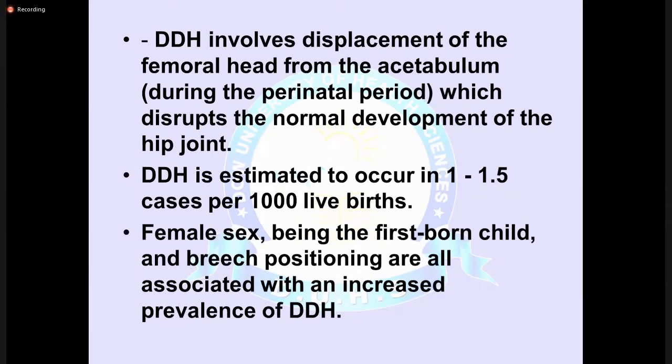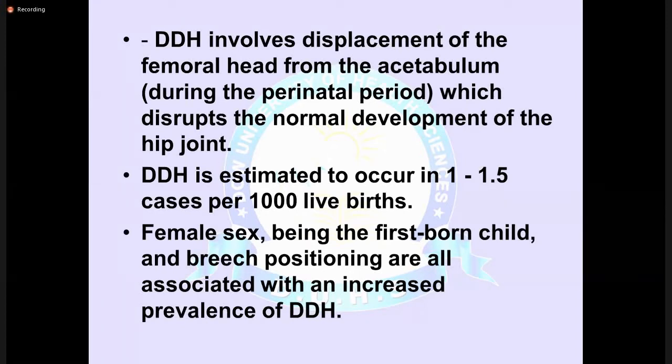involves the displacement of the femoral head from the acetabulum during the perinatal period, which disrupts the normal development of the hip joint. Developmental dysplasia of the hip is estimated to occur in 1 to 1.5 per 1,000 live births, and it is more common in the female sex.